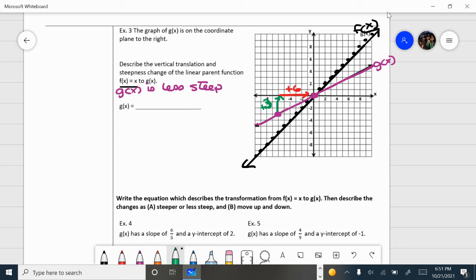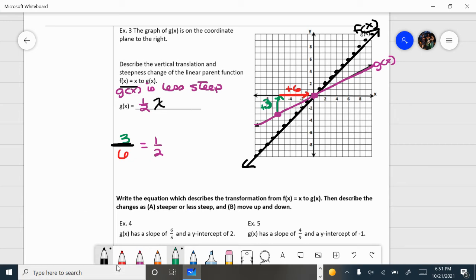So when we do 3/6, that is going to simplify to 1/2. So g of x is 1/2 x.